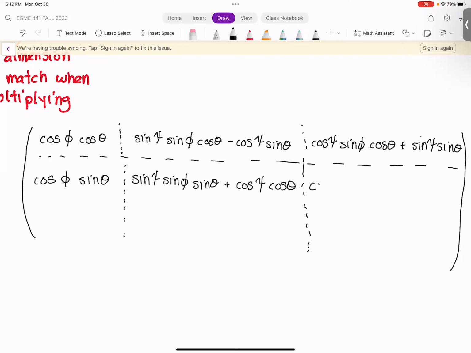Then we have cosine psi, sine phi, sine theta, minus sine psi, cosine theta.